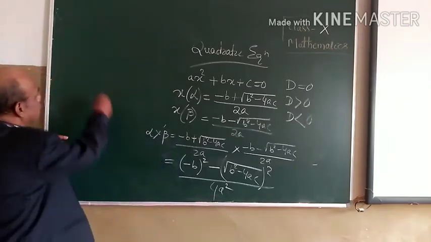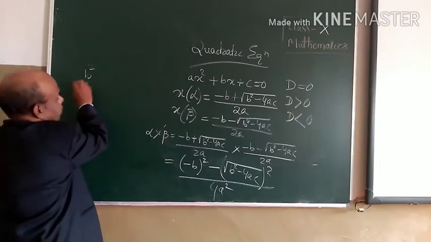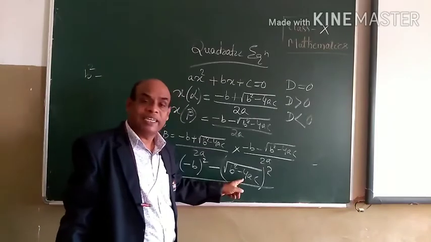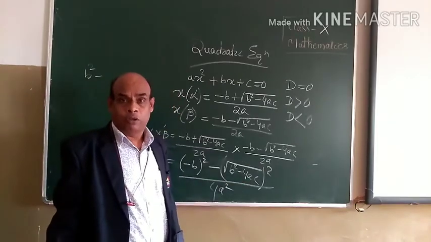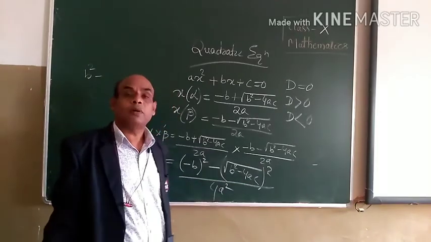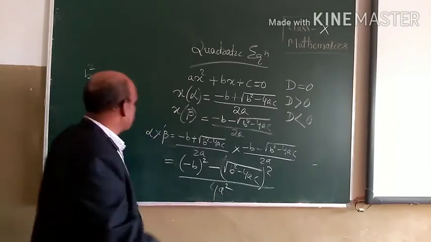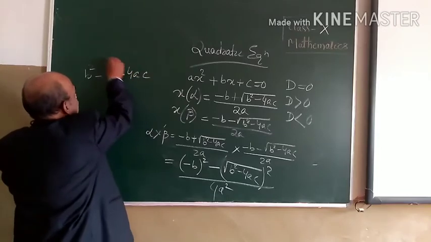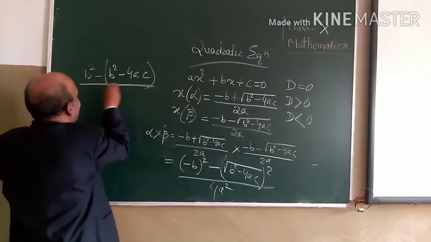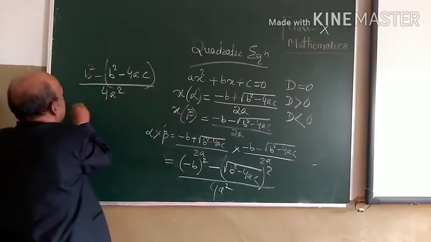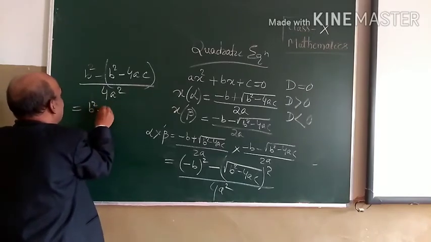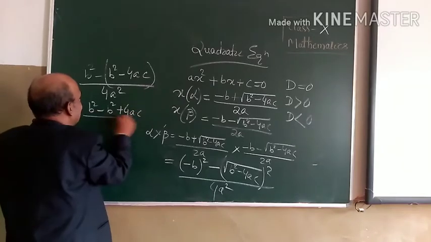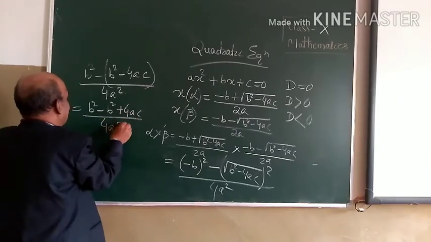Squaring the root, the root sign is removed. So we get b square minus b square minus 4ac within brackets, divided by 4a square, that is b square minus b square plus 4ac divided by 4a square.